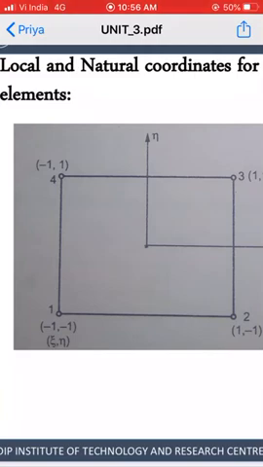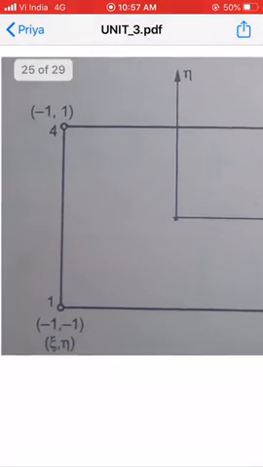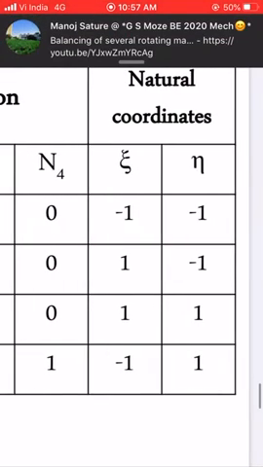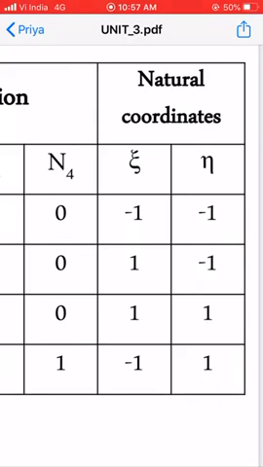Since we are considering x and y coordinates, for a node in the fourth quadrant both values should be negative, so we can remember that zeta and eta are equal to -1. So for the first node zeta is equal to -1, eta is equal to -1.